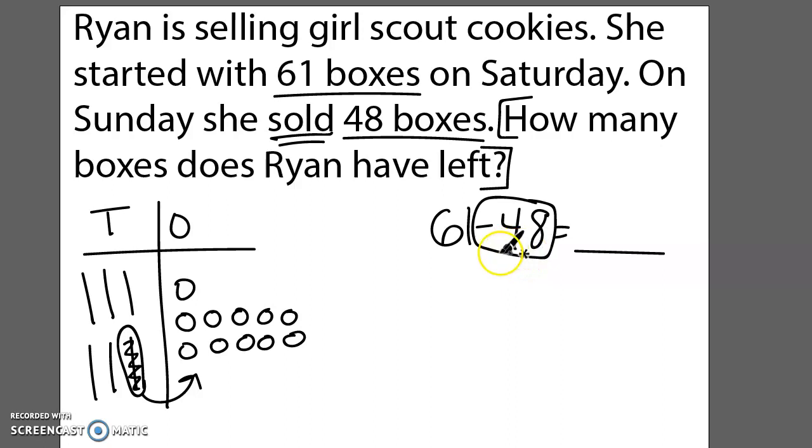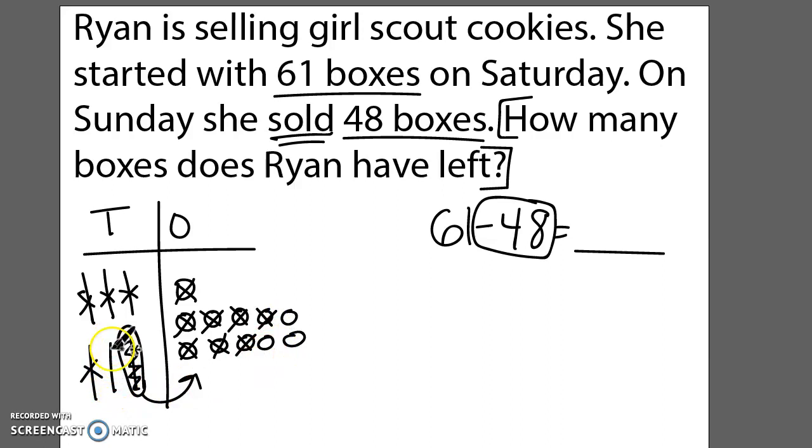So now, do I have 4 10s to take away? Yes. 10, 20, 30, 40. Do I have 8 1s to take away? Yes, I do. 1, 2, 3, 4, 5, 6, 7, 8.